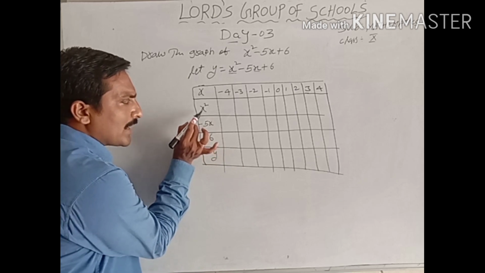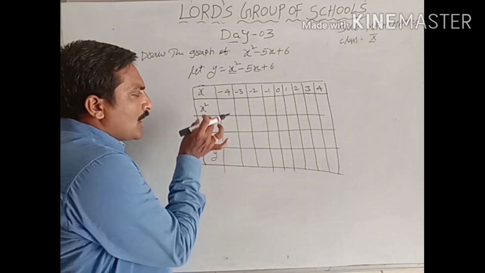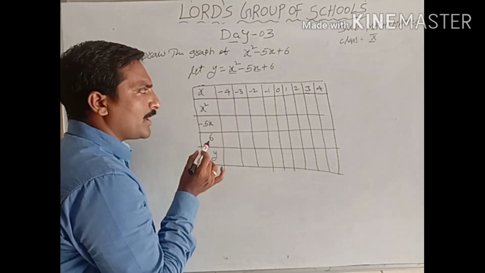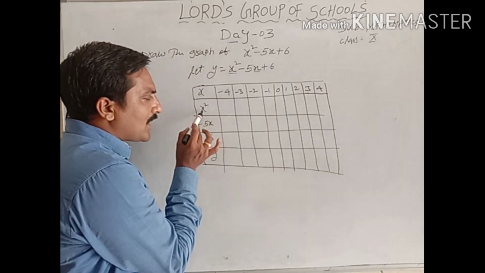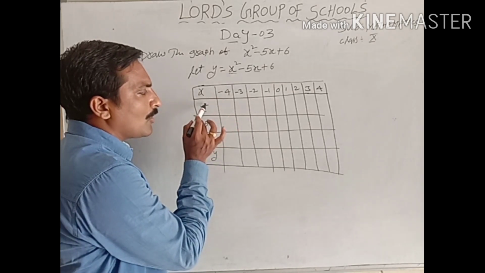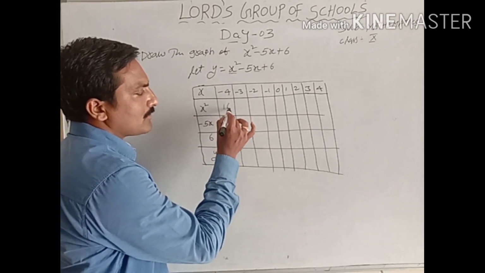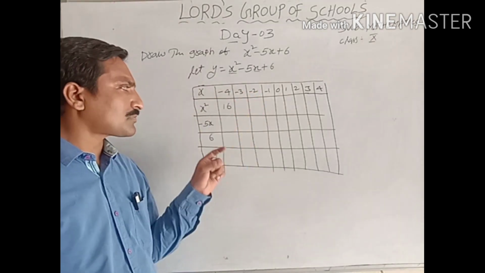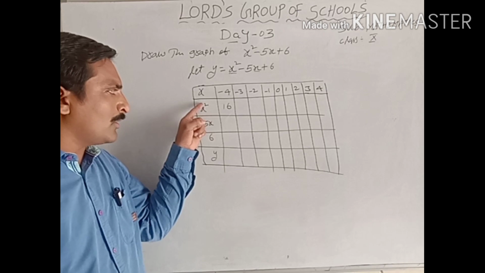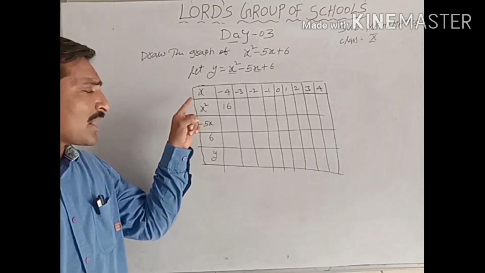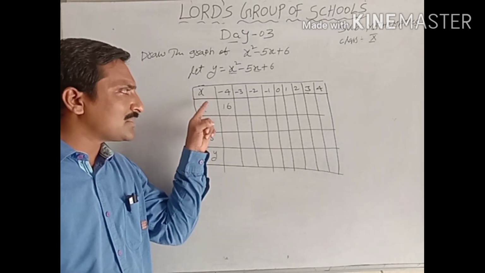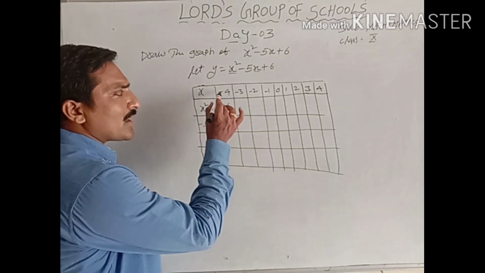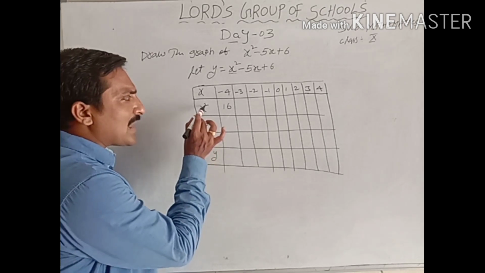Now first, x square is required. If x is equal to minus 4, in the place of x you take minus 4 whole square, 16. Why? Because whether negative or positive, if the variable is squared, the result is always positive, since the power is an even number.